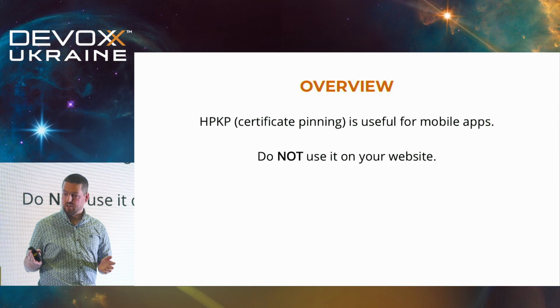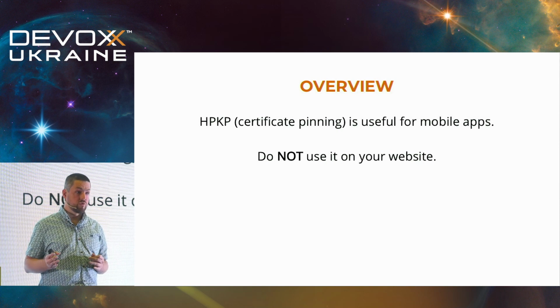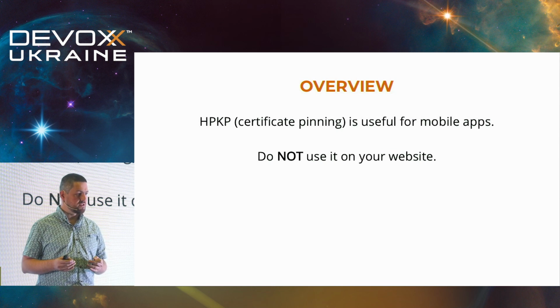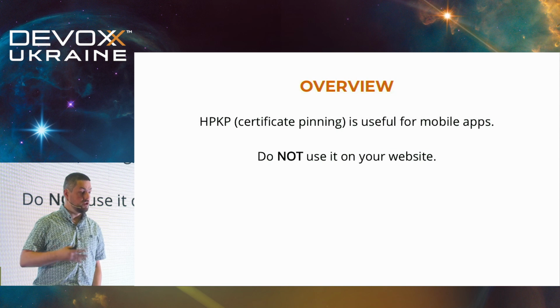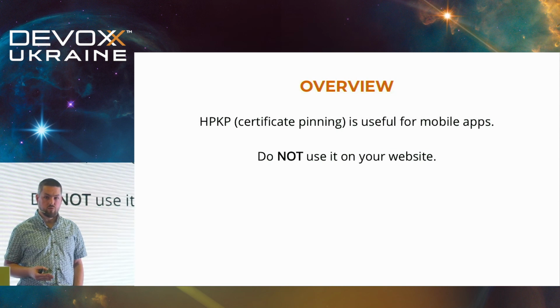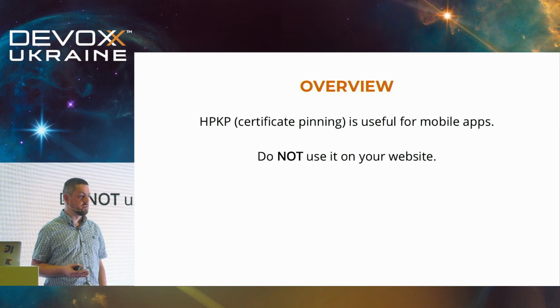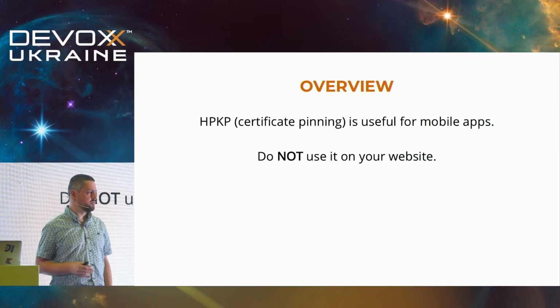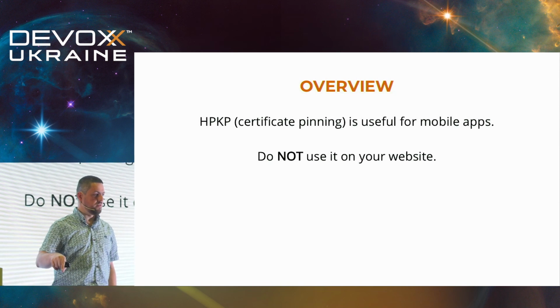It happened to Smashing Magazine. They were very lucky that they managed to recover from it by using a certificate request that was still valid to get a new certificate, because otherwise they would have been inaccessible for a year. And good luck communicating to your customers that for the next year you might want to use a different domain name if your website is not available.